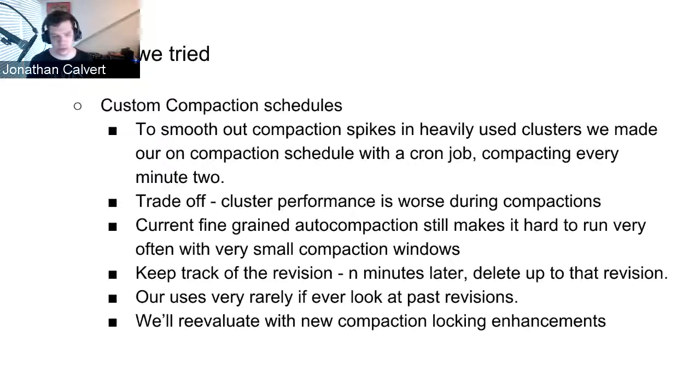If those values have changed, we just need to know that there was a previous revision. We don't need to look back in time, so we can keep our compaction window pretty short. We've made some changes that we'll talk about later, so we probably need to go back and reevaluate our compaction performance.